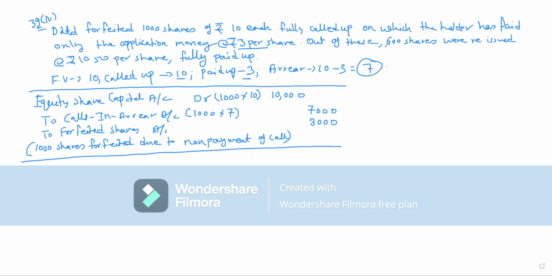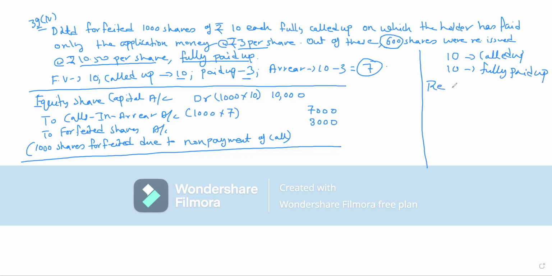They said out of this, 600 shares were reissued at 10.50 per share, fully paid up. The meaning is very simple: 10 rupees was called up and 10 rupees is fully paid up, meaning 10 rupees was demanded and 10 rupees is fully paid up at the company's end. Now while reissuing them, you are reissuing them at 10 rupees 50 paise. So it was fully called up and fully paid up to 10 rupees, and you reissued it at 10 rupees 50 paise.